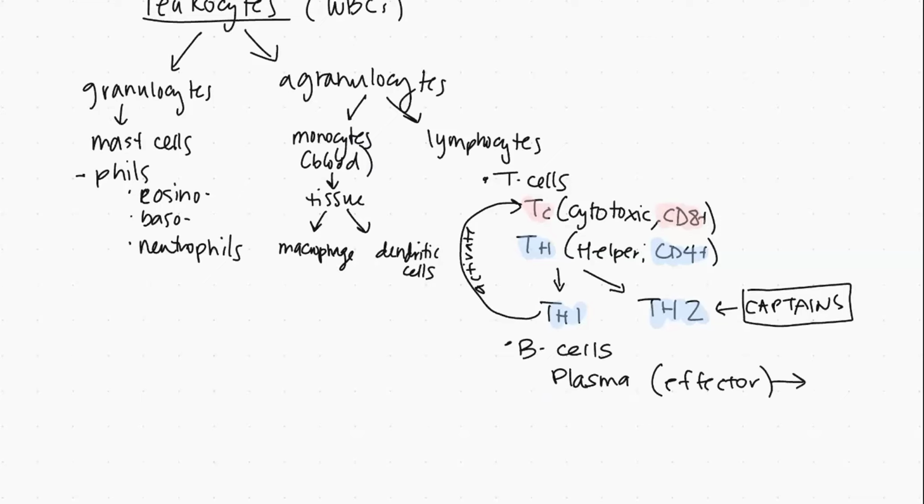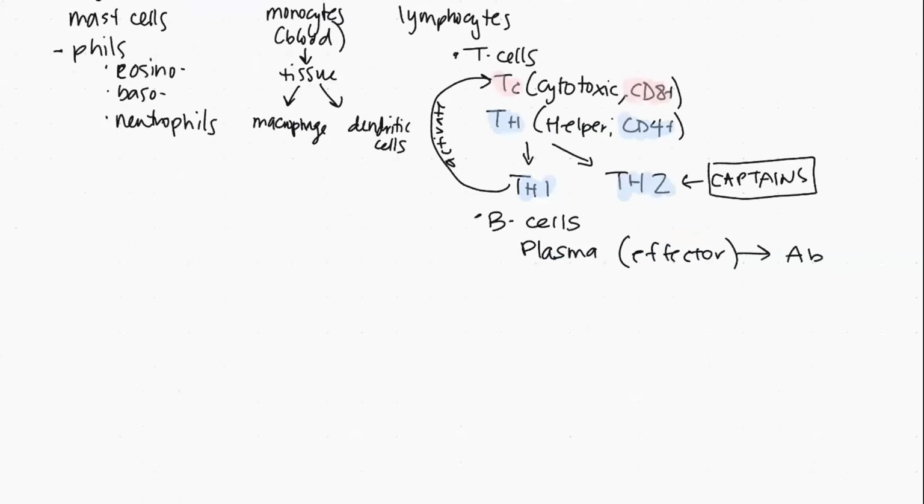All right, and when they make antibody, the first type of the antibody that they make is IgM.